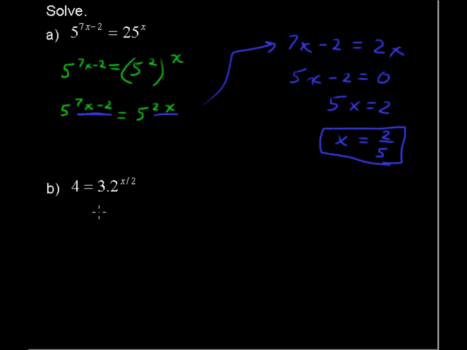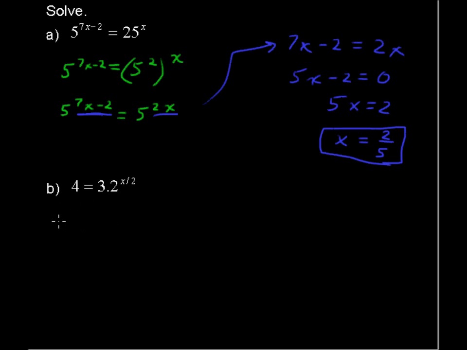The next one, we have 4 equals 3.2 raised to the power of x over 2. To solve for this unknown exponent, we can use logarithms. Specifically, what I like to use is the natural log.